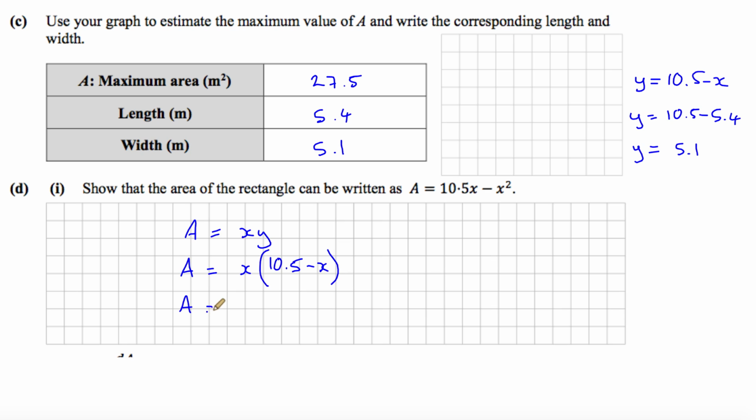So if we multiply them out, x times 10.5 is 10.5x, and x times minus x is minus x squared. So there we have shown that the area of the rectangle can be written as that there.